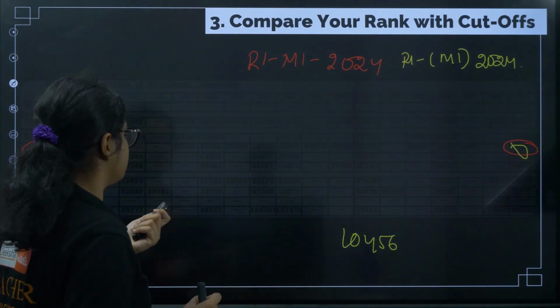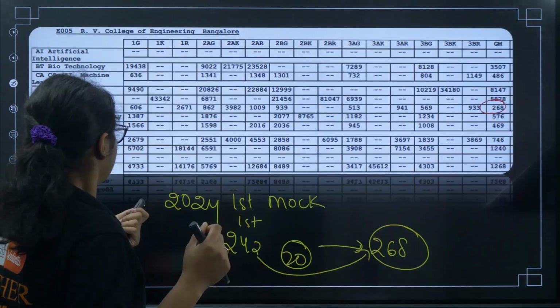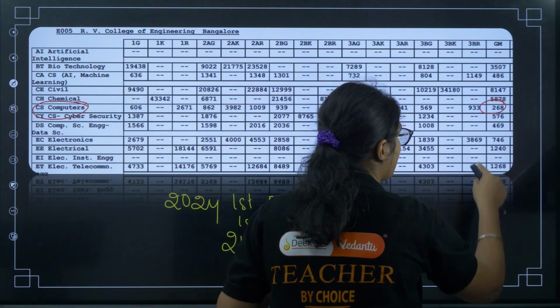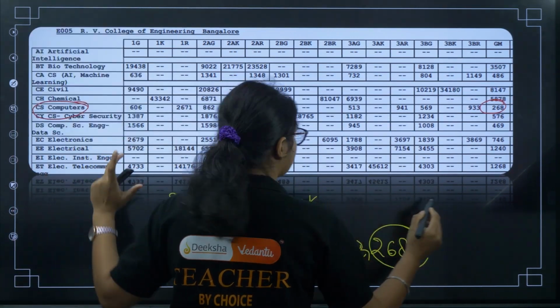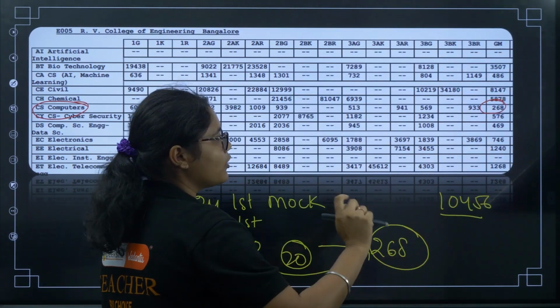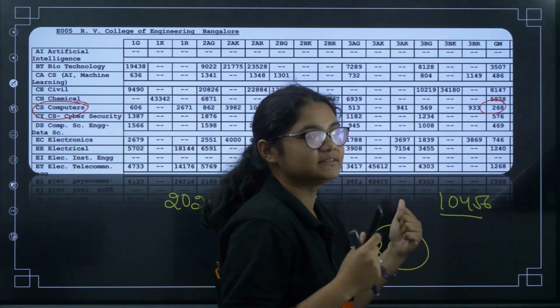Now if we see RV college, we have put RV college also. If your rank is 10,456, according to the round 1 mock allotment, none of these branches will be a safe zone for you.